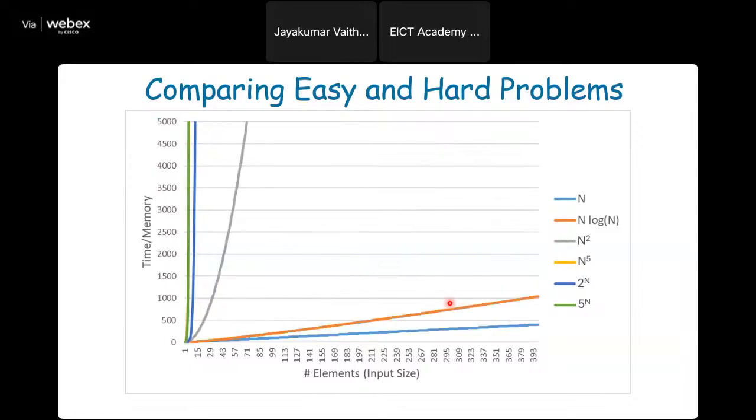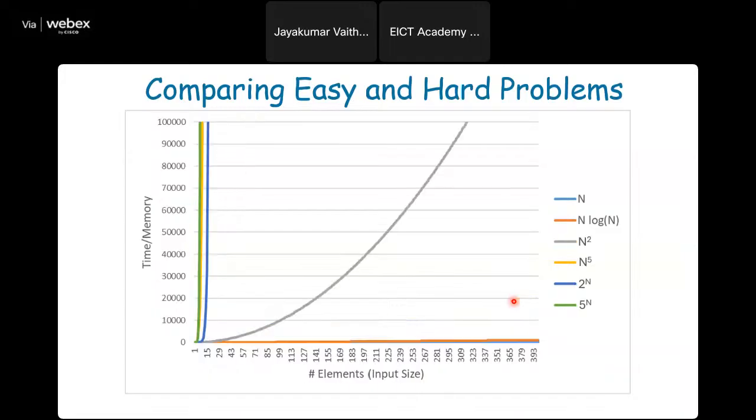In the previous slide, you can see the difference between this orange and this blue is somewhat there. But if you keep on increasing your time and memory, it almost appears to be equal. But you can see the huge difference between these two with your n square.